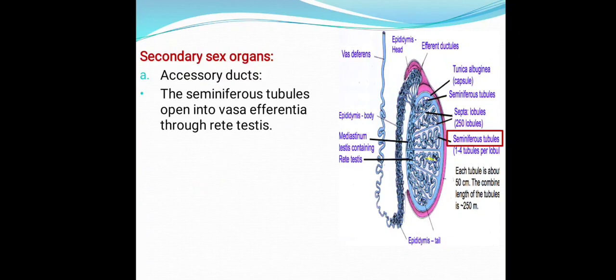Each seminiferous tubule opens into the rete testis, and the rete testis opens into the vasa efferentia. That means seminiferous tubules are connected to the rete testis, then the rete testis is connected to the vasa efferentia.